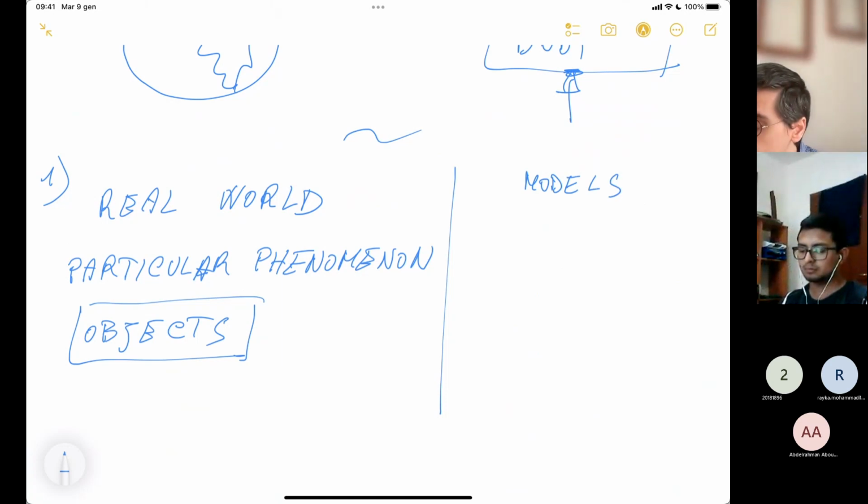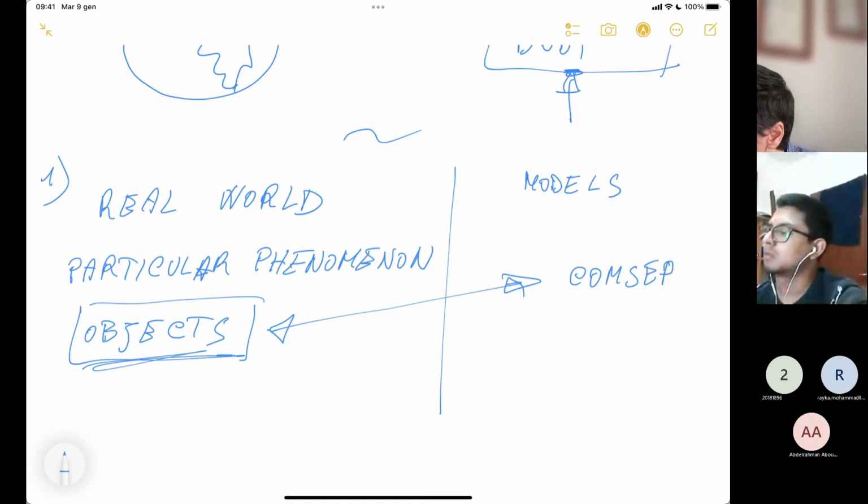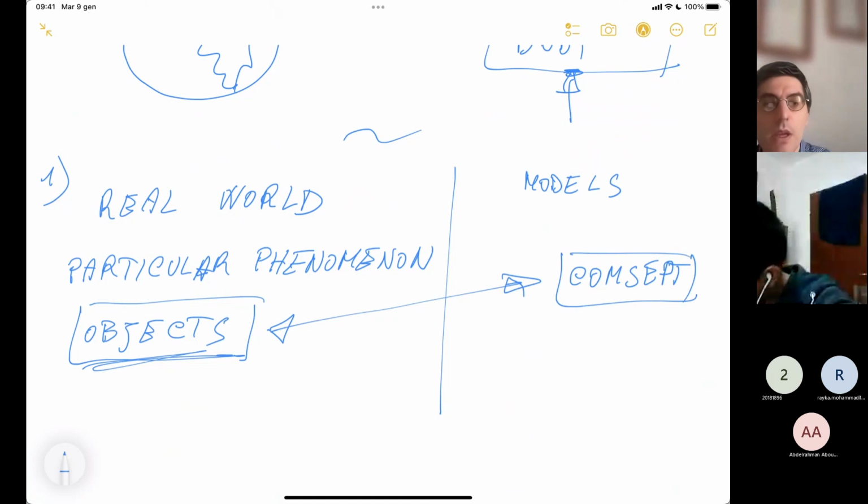So we have to consider some relationship between the real object and some concept which can be used to describe the real object.